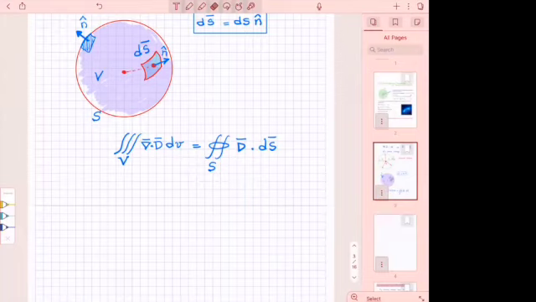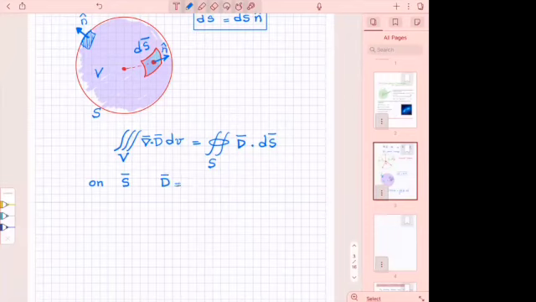I showed that with a vector, even if the direction changes everywhere, but the surface is a vector. We said that every surface is a vector. It might change its direction, but it's a vector.